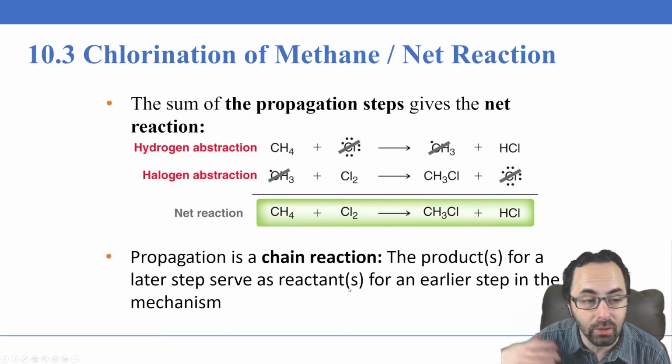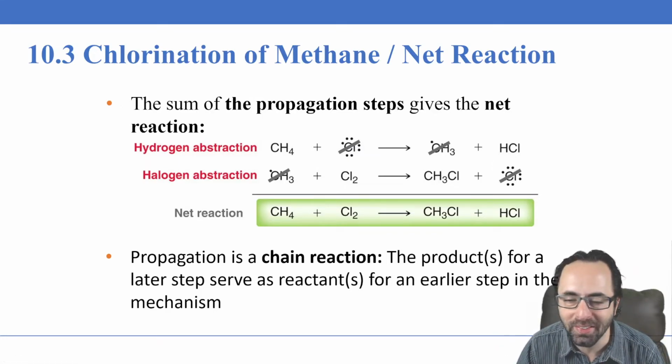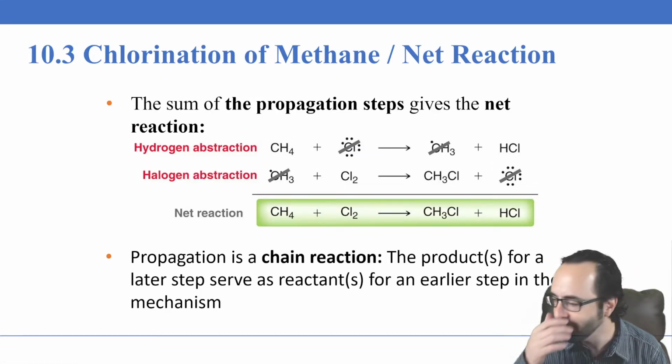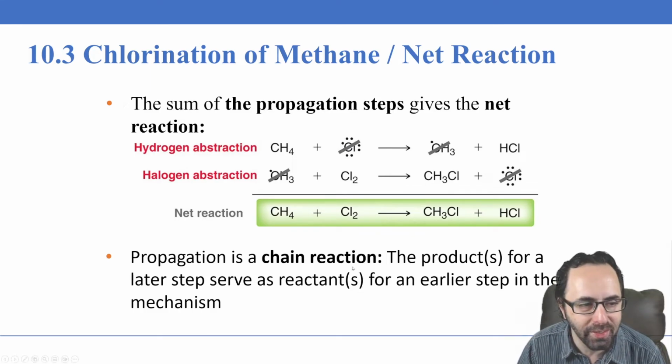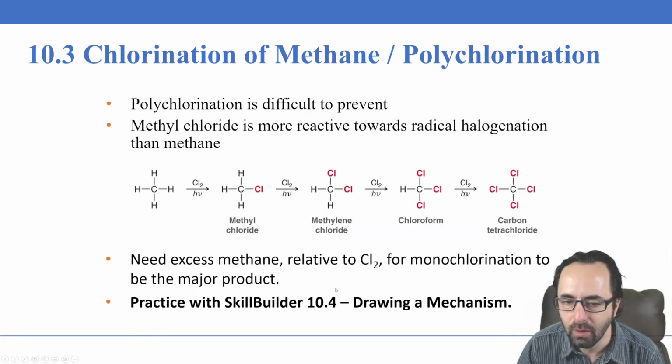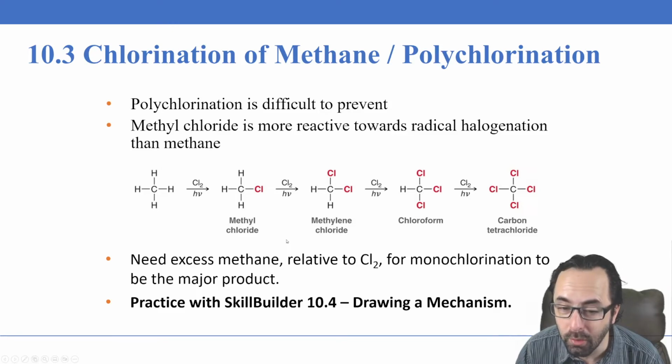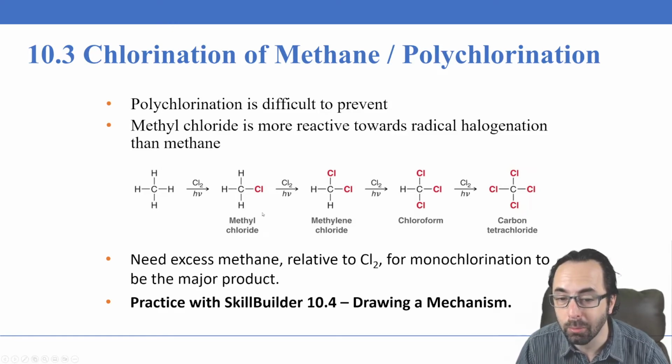And these chain reactions will just continue and continue. And so, as I said, that makes halogen reactions a little more out of control than the ionic reactions that we've been studying before. One example of this is it's very difficult to just get chloromethane.